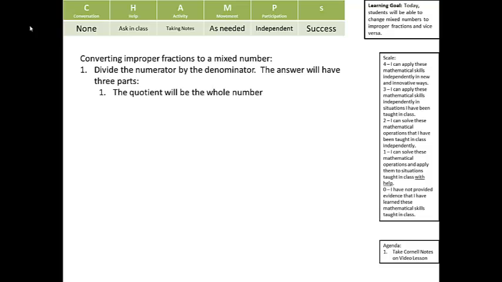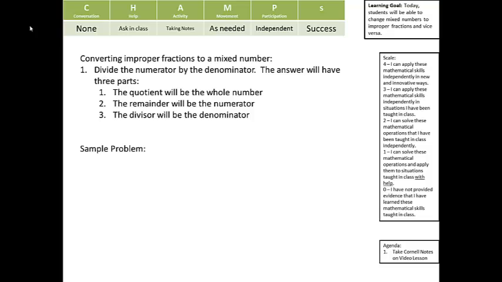The whole number part of our answer is going to be the whole number part of our mixed number. The remainder is going to become the numerator, and the divisor in our division problem is going to be the denominator.